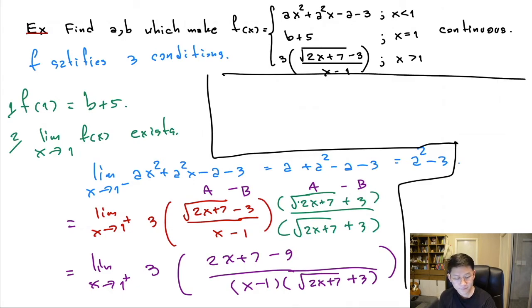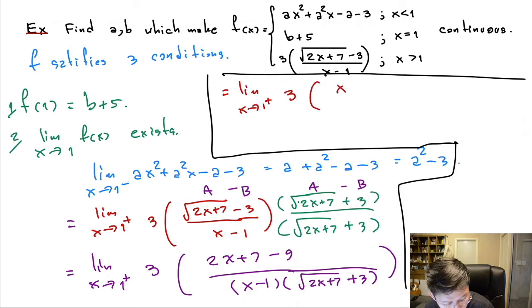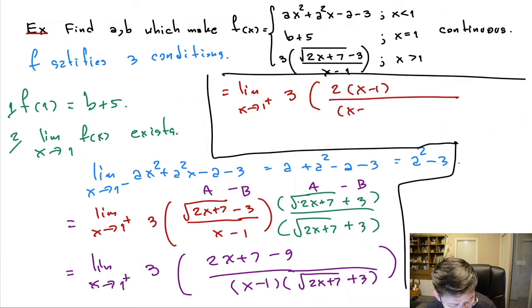So we have it equals the limit as x approaches 1 from the right-hand side of 3. Can I do this? 2 of x minus 1, divided by x minus 1 times the square root of 2x plus 7 plus 3.